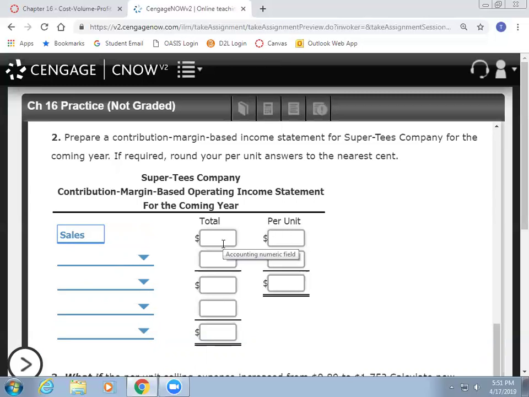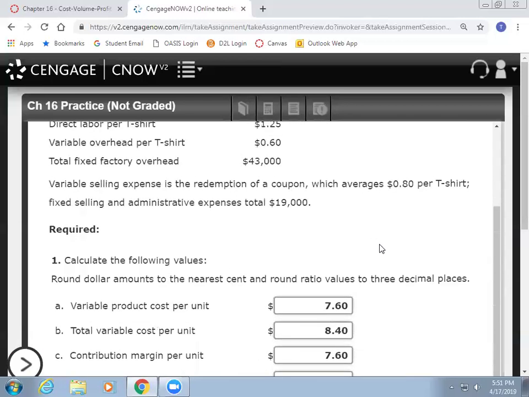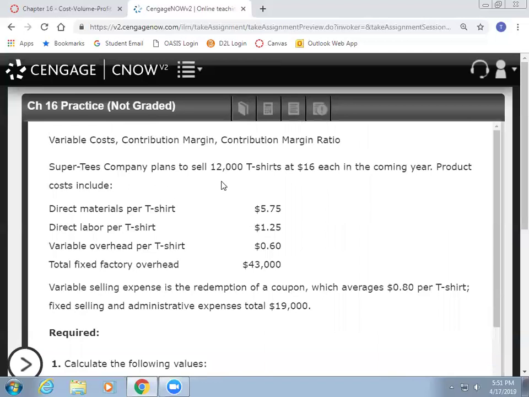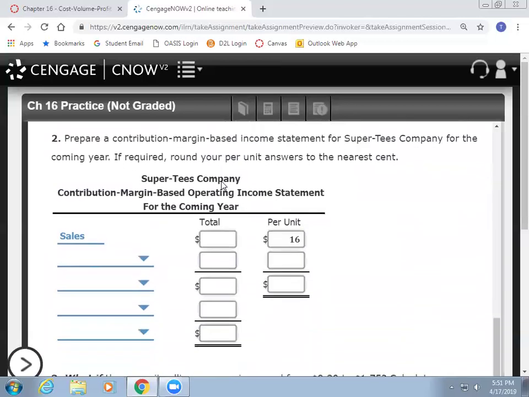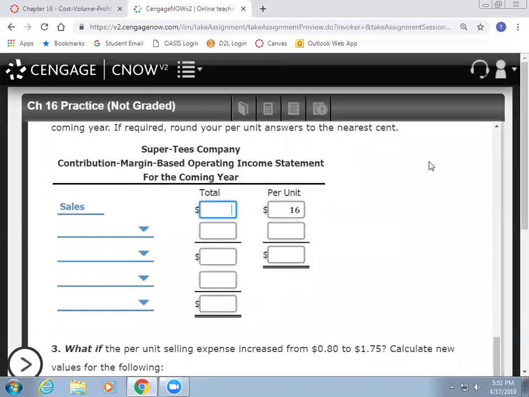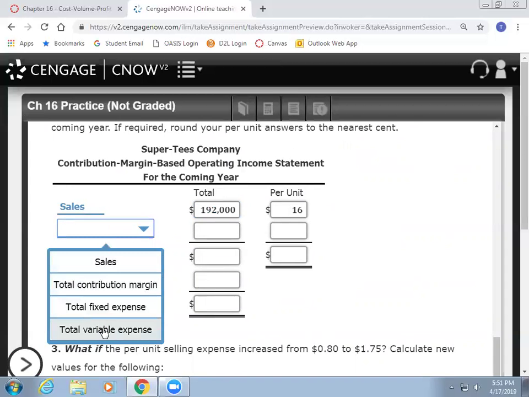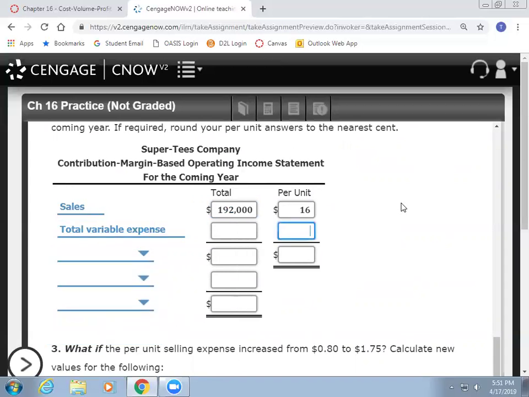They want it both total and per unit. We remember sales per unit is 16, and it told us we plan to sell 12,000 t-shirts. So what's our total sales? Very good, 192,000. On a contribution margin based income statement, we then subtract out our total variable expense.